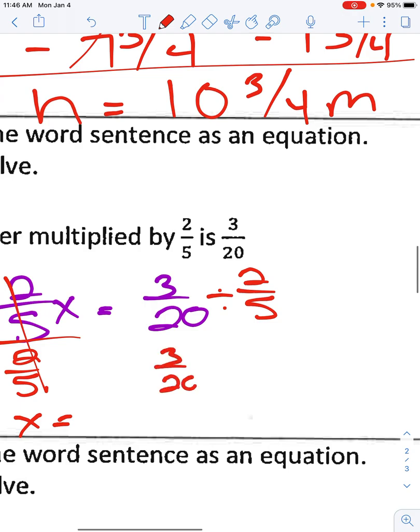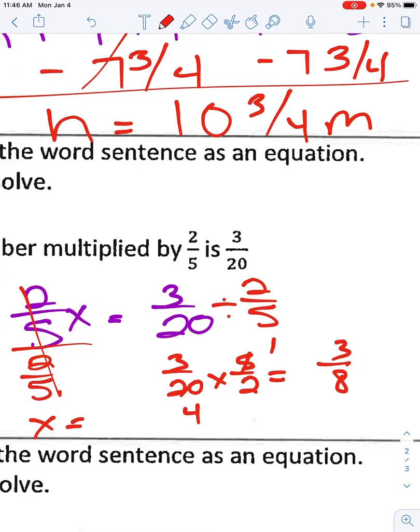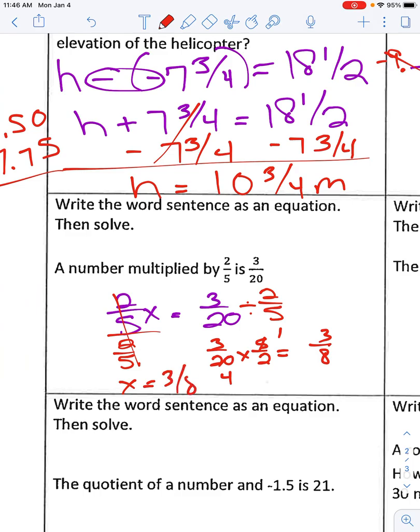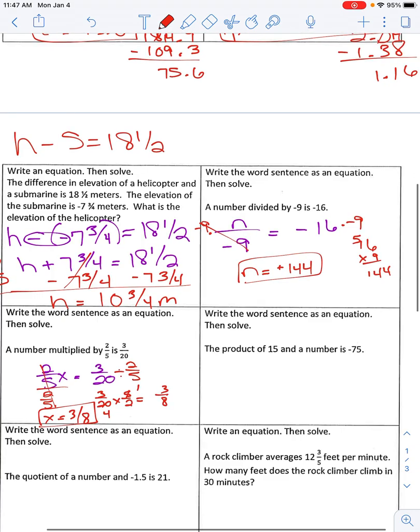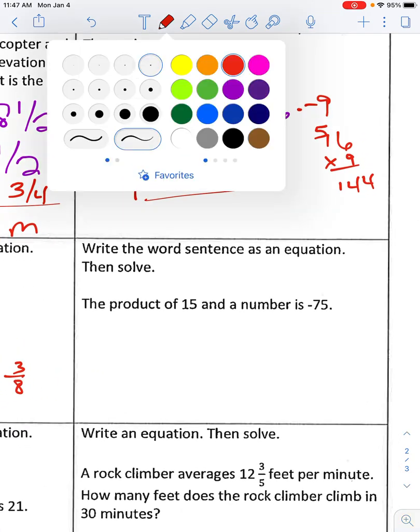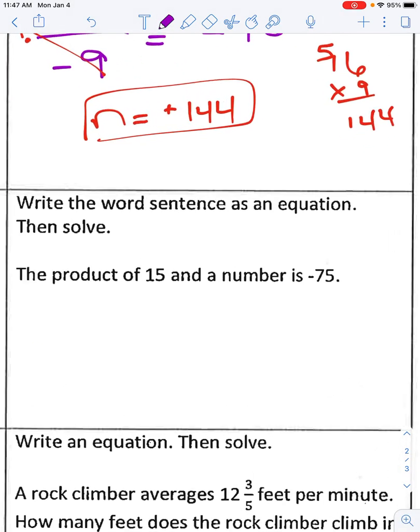And then remember, we do not divide fractions. We keep it, switch it, flip it. So we're going to end up getting 3/8. So x is 3/8.